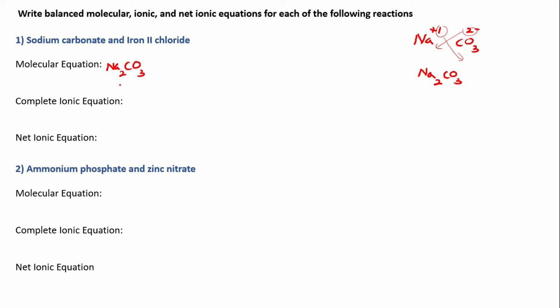Now think about the solubility of sodium carbonate. Is it water soluble or not? It is soluble. Why? Sodium is group 1. Everything in group 1 are water soluble. Second one is iron chloride. This says iron 2.